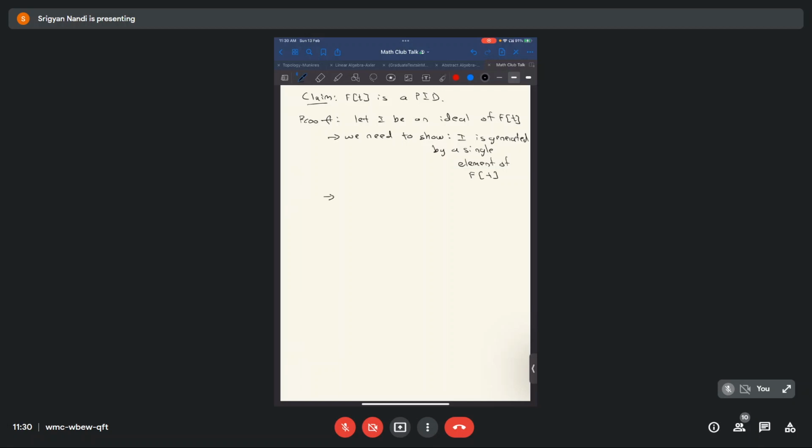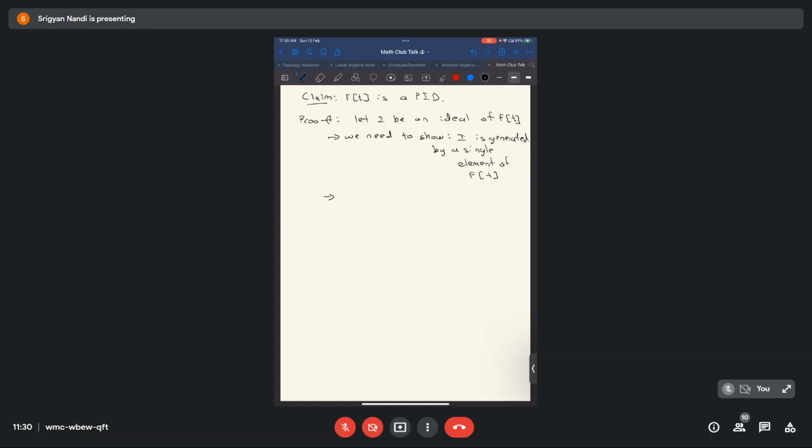So the most natural way to do this would be to go to the polynomial of least degree in I. Of course, we can do this since all polynomial degrees are non-negative integers and the positive integers are well ordered.